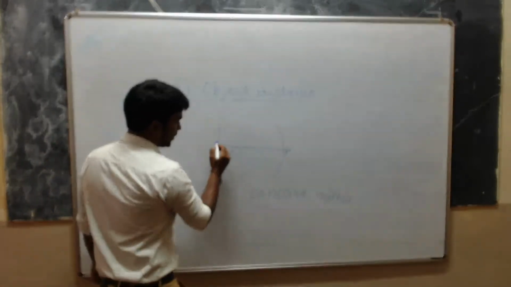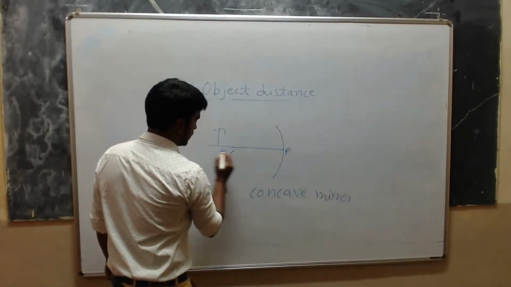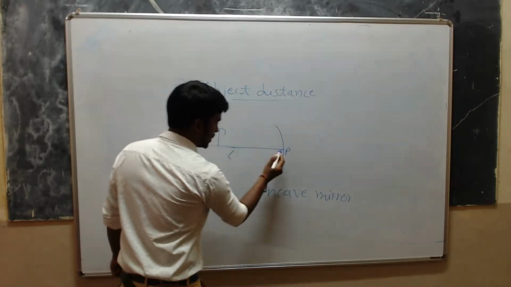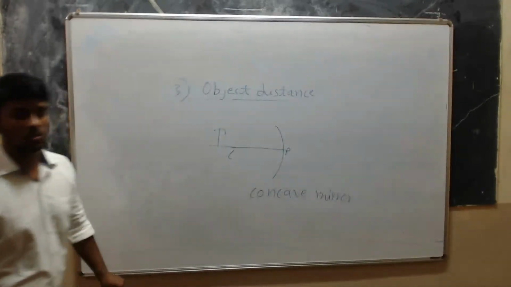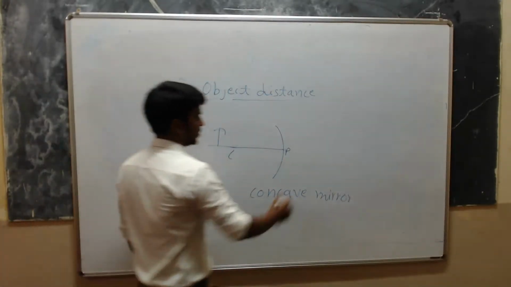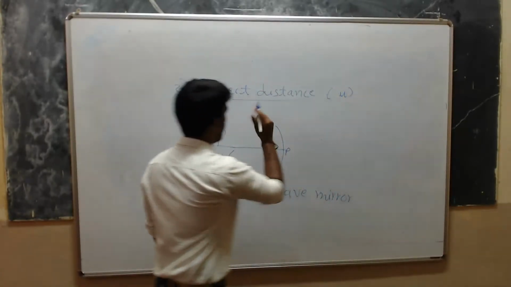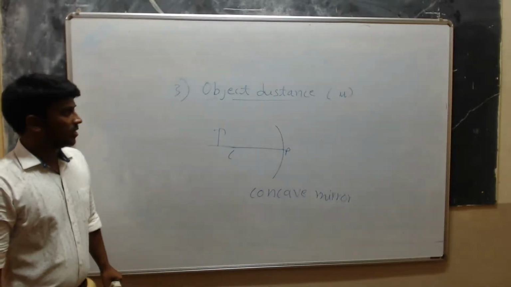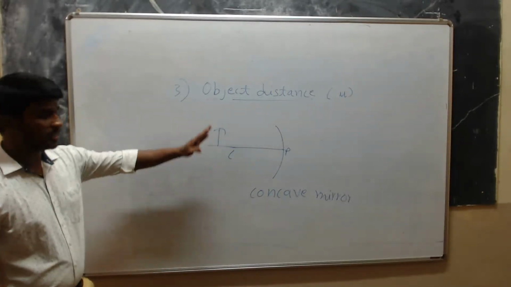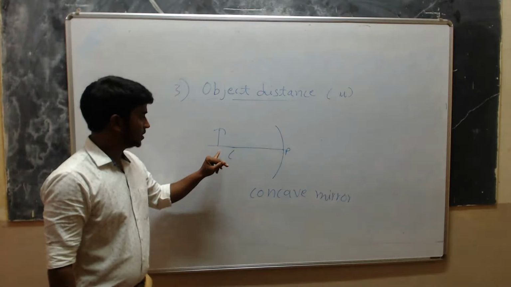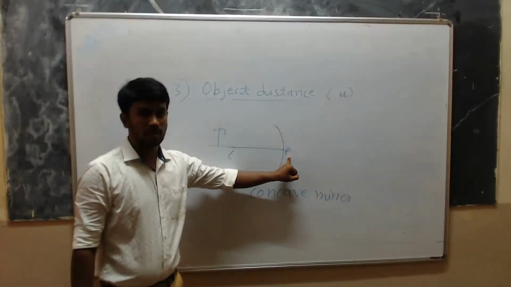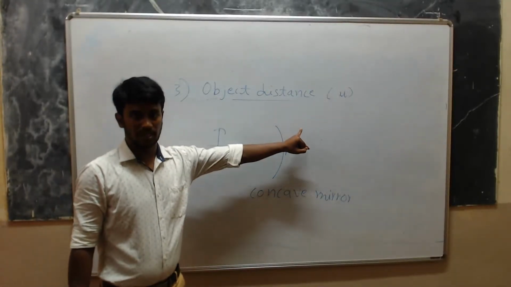The distance between this object and the pole of the mirror is called the object distance, and here we use small u to represent the object distance. Clear? The distance between the object and the pole of the mirror is called object distance.